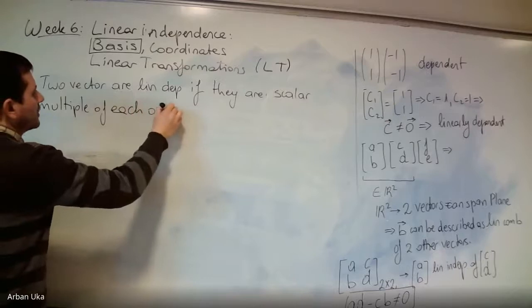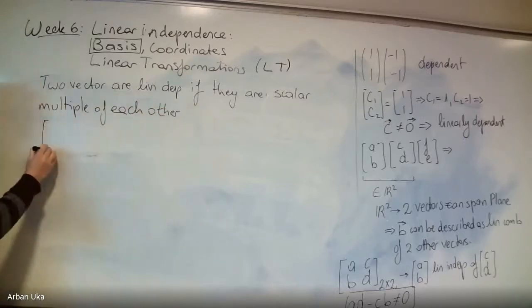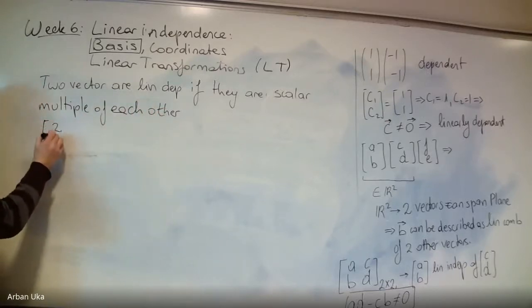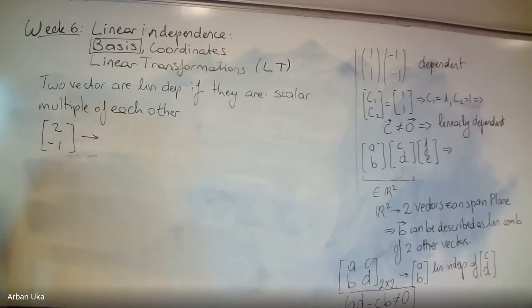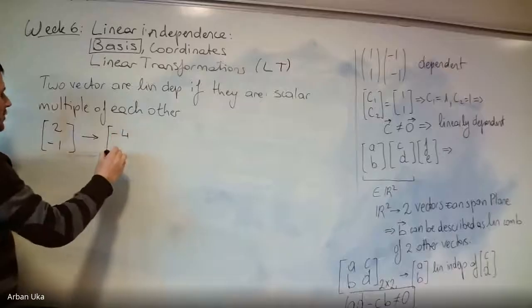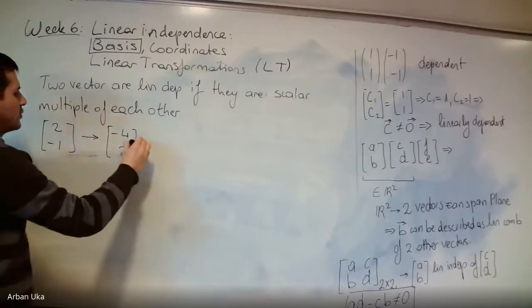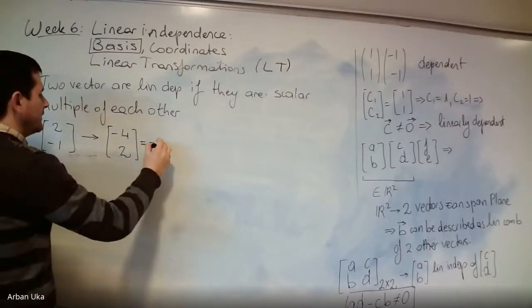Which means the following. So if we have a vector which is, let's say, 2 minus 1, let me ask Terence again, can you tell me a vector which is linearly dependent to this? Minus 4, 2. That's true, because this is equal to minus 2 times 2 minus 1.